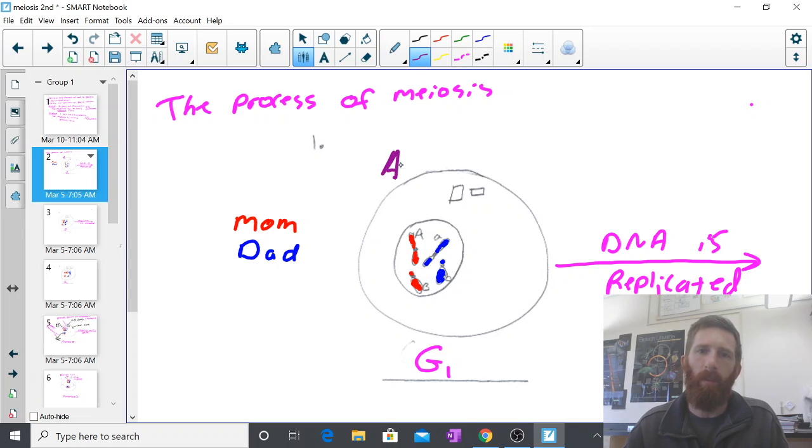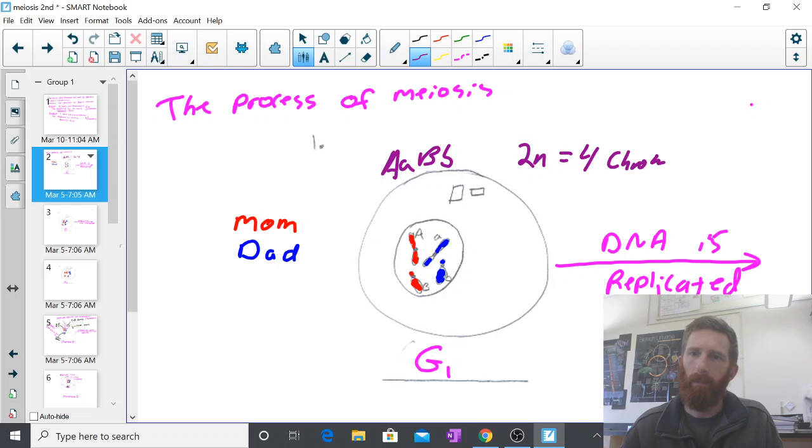So the genotype would be big A, little a, big B, little b, right? And we would have 4 chromosomes. So our diploid number, the shorthand for diploid is 2n, so our diploid number is 4 chromosomes. All right, sweet. So go ahead, make sure that that's back there.